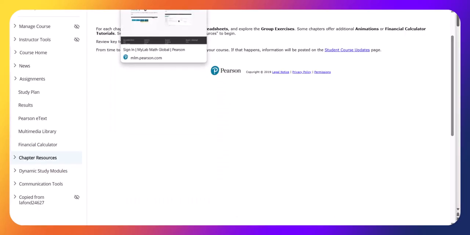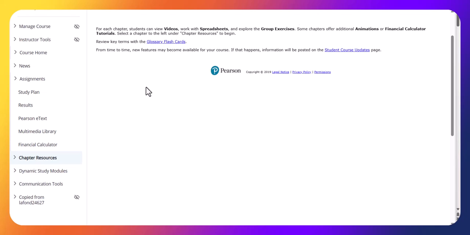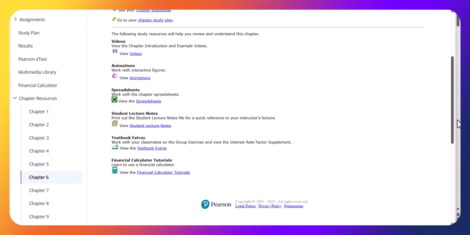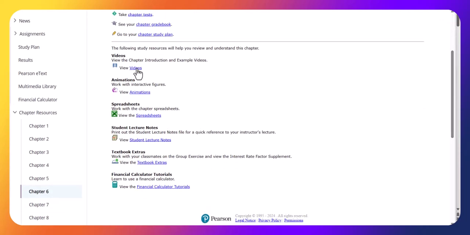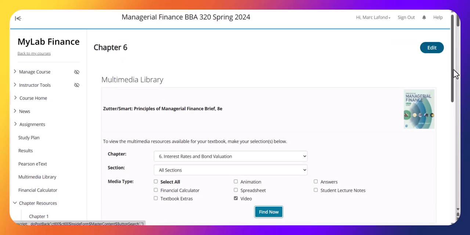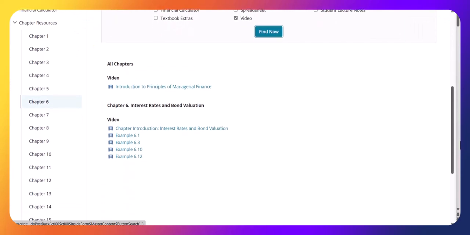It is advisable that all students go to Chapter Resources in Pearson, click on it, scroll down to Chapter 6, click on Videos, and review the videos on interest rate and bond valuations 6.1, 6.3, 6.10, and 6.12 examples.